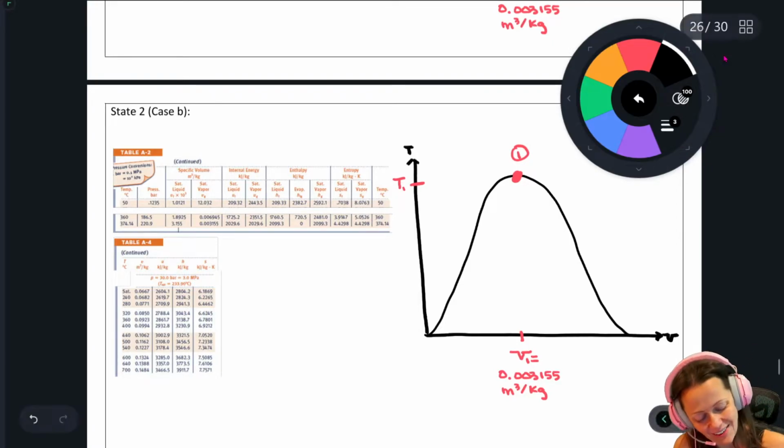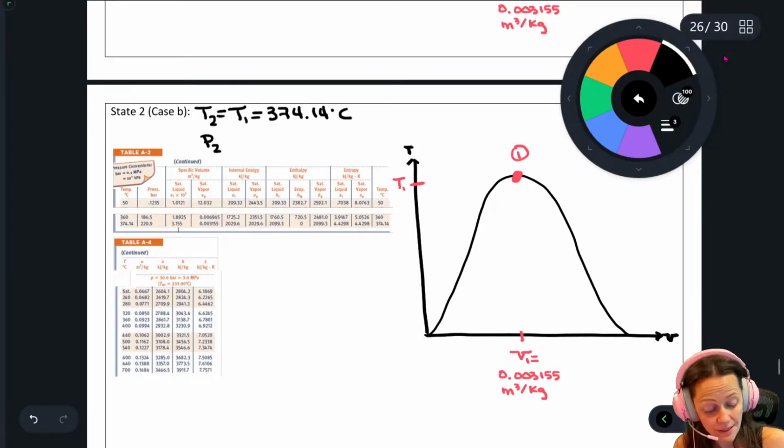So T2 is also the same as T1, 374.14 degrees Celsius. And I'm still ending up at 30 bar.